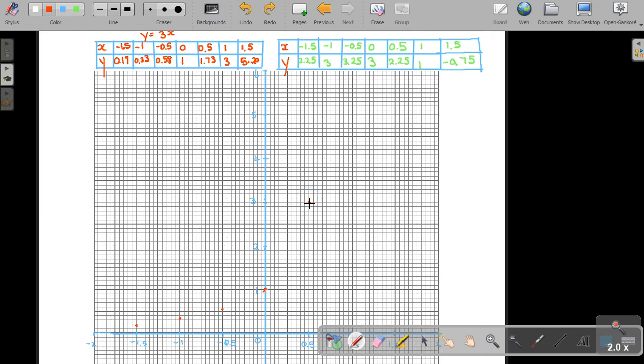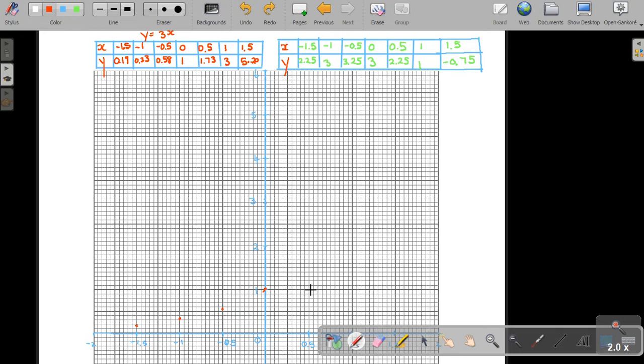1, 2, 3, 4, 5, 0.5, and let's see. No, that's incorrect. It's 1 and 3. Okay, this one, I skipped that. That was 0.5, that's correct. And it's 1.7.